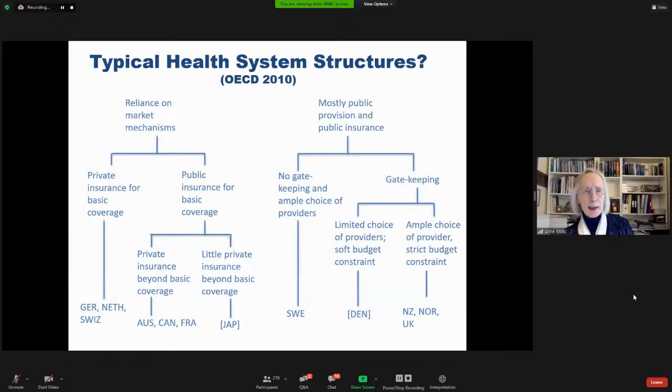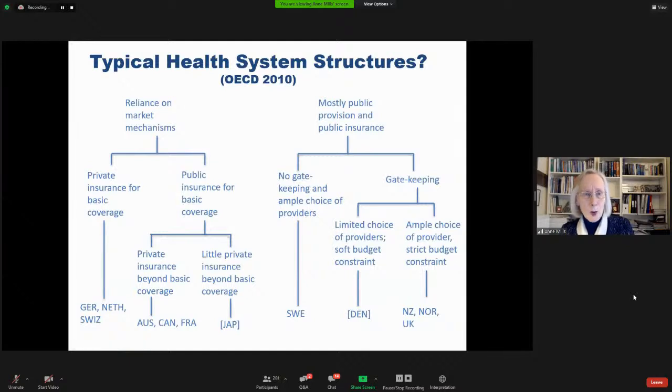It classifies countries at the highest level by to what extent they rely on market mechanisms or not. And then where they rely on market mechanisms, it characterizes them in terms of whether they involve private insurers in basic coverage, or whether the basic coverage is covered by public insurance.